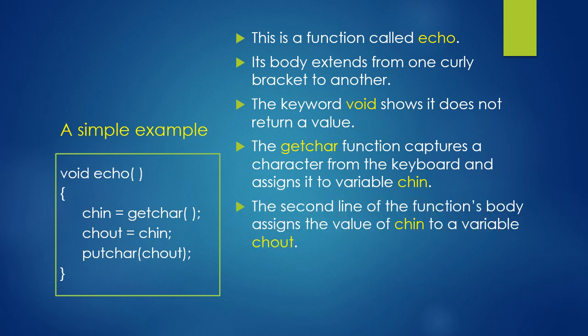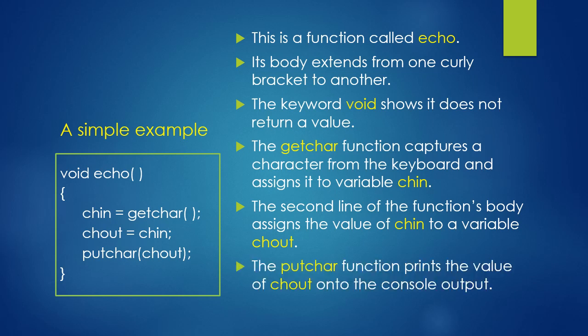The second line of the function's body assigns the value of ch_in to a variable ch_out, or character out. The putChar function prints the value of ch_out onto the console output, which would be your monitor.